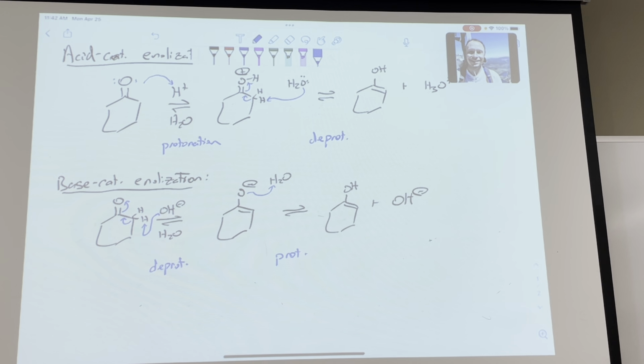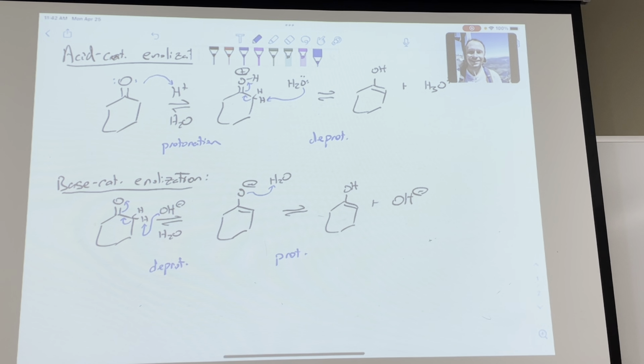All right. So fairly simple mechanisms, but both of those conditions will give you a more useful amount of the enolic form, at least enough to where we can actually do chemistry with.